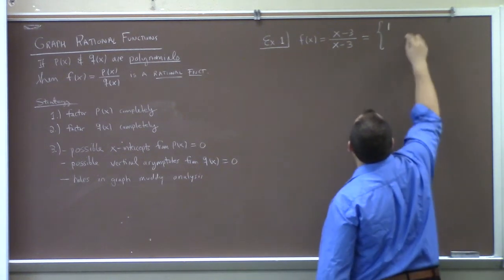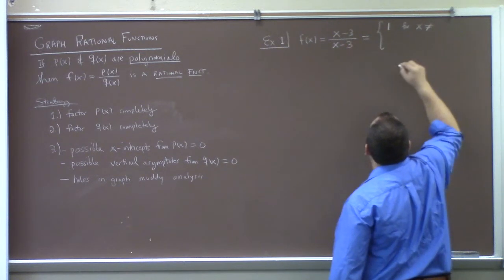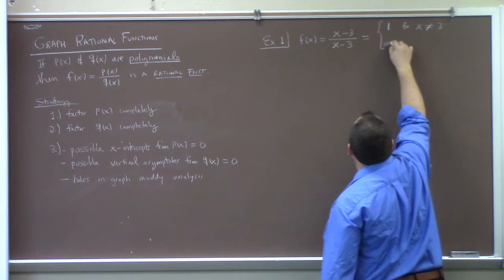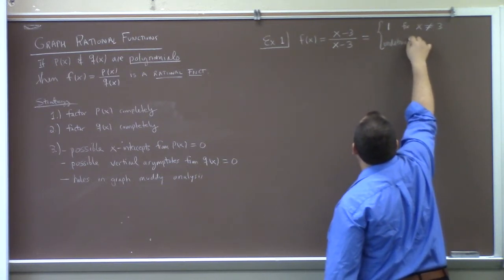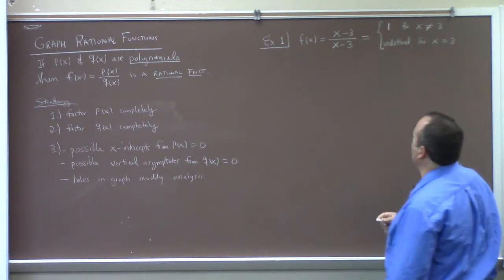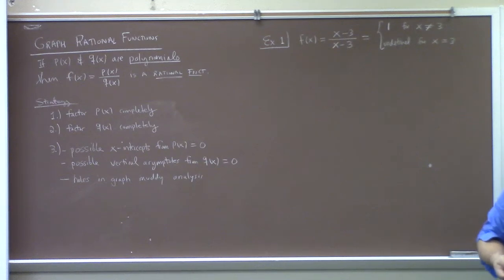And the domain is x not equal to 3, because it's undefined there. So how do we graph an undefined point? Remember, we put a little circle, a so-called hole in the graph.